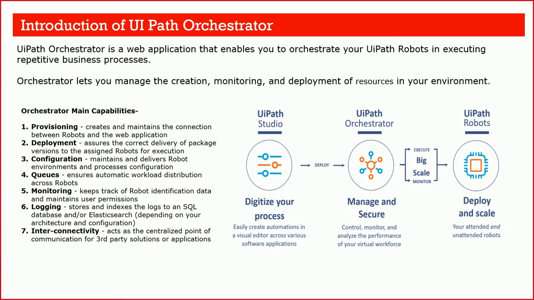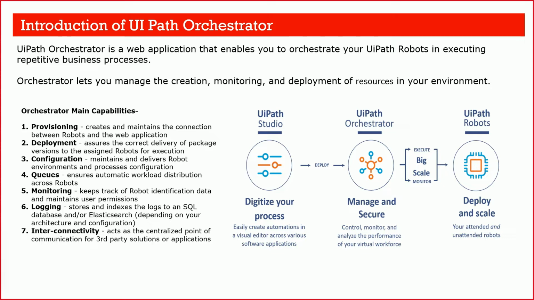If you look at the screen, we have three major components: UiPath Studio, UiPath Orchestrator, and UiPath Robot. UiPath Studio is a tool that helps you digitize your process. UiPath Orchestrator is a tool that manages and secures your automation. It controls and monitors, and also provides KPIs around how your processes are working in the production environment.